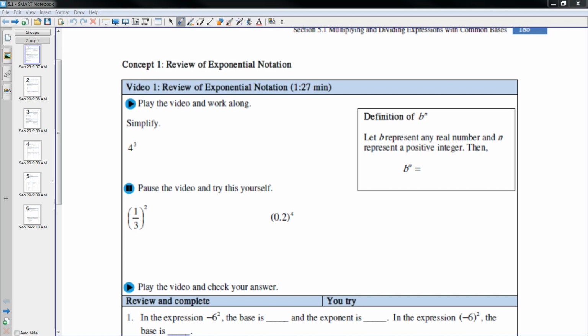Okay, it's time to talk exponents. We talked a little bit about exponents before and what an exponent means, but remember that if we have b to the n, then b is the base and n is the exponent.